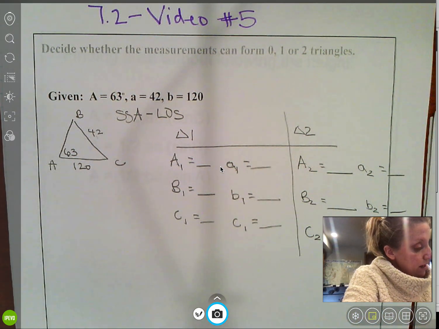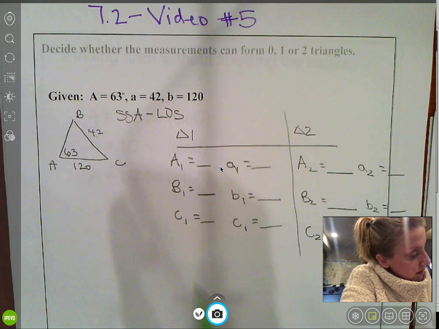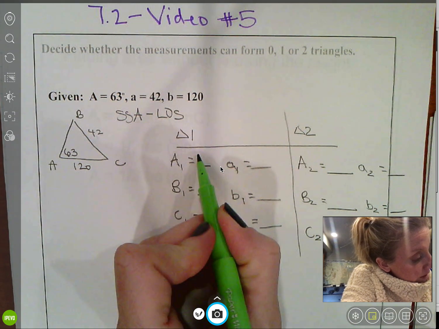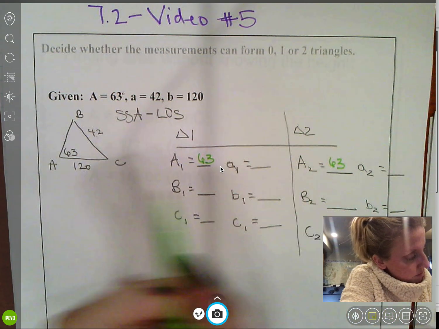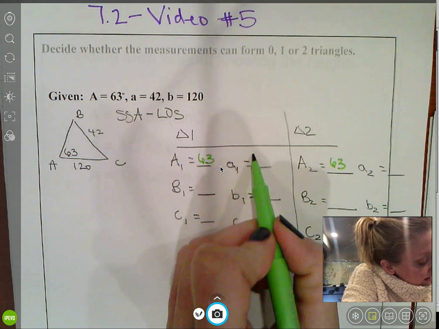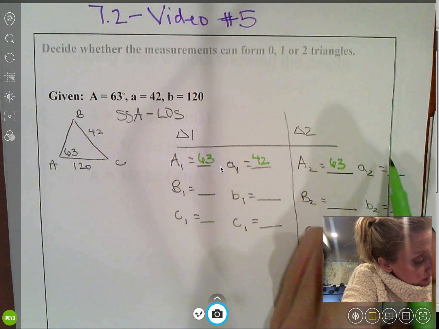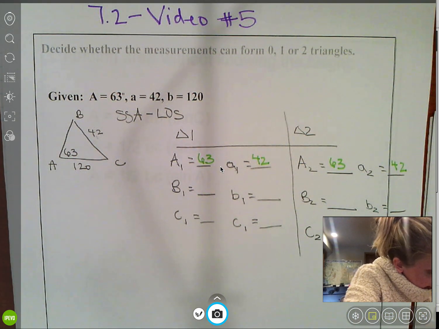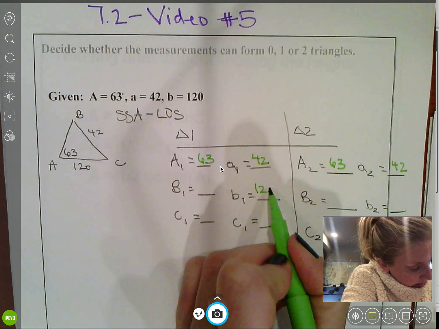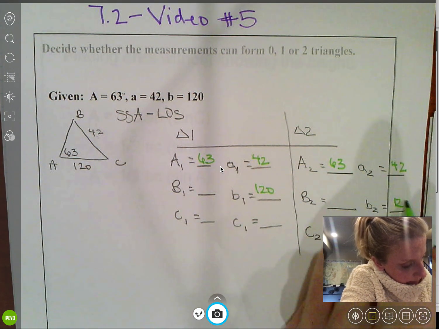All right, then looking at what's given, angle A, if it's in triangle 1, it will be 63 degrees, and if it's in triangle 2, it will be 63 degrees. Side length A, if it's in triangle 1, will be a length of 42, same as triangle 2, and side length B is 120, 120.